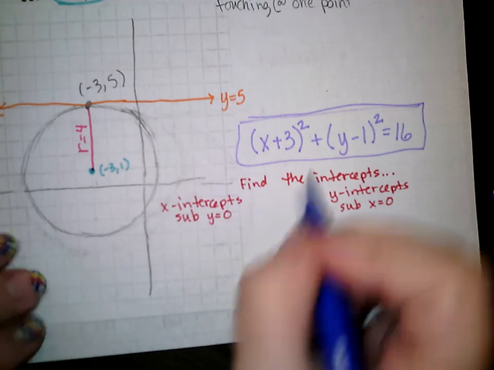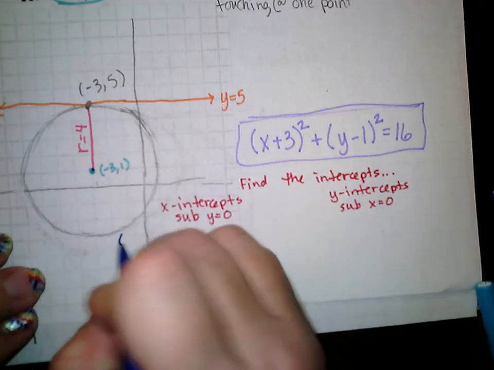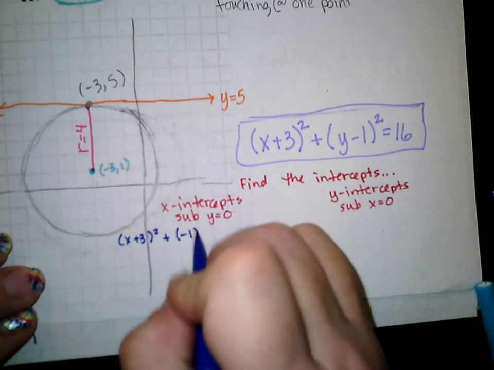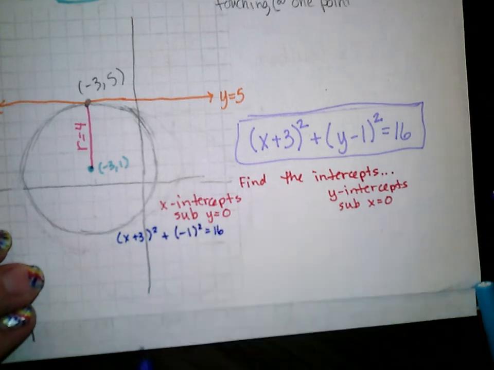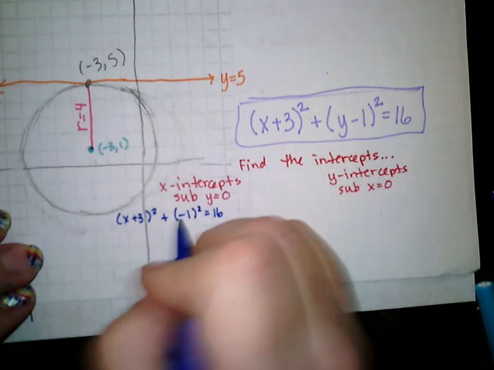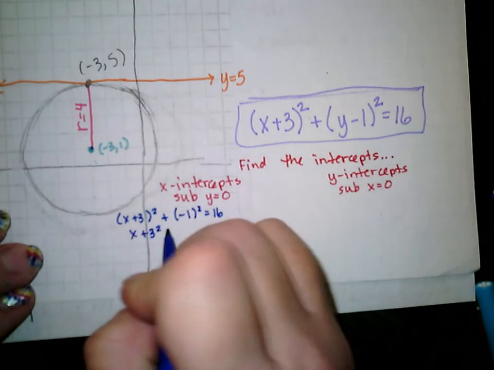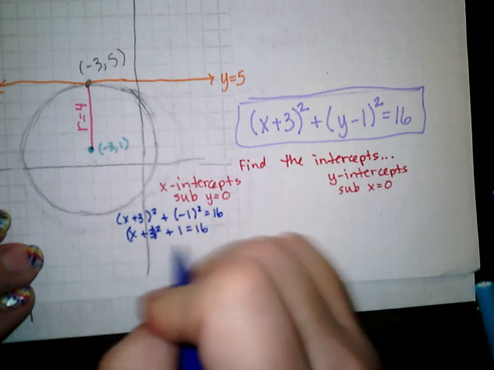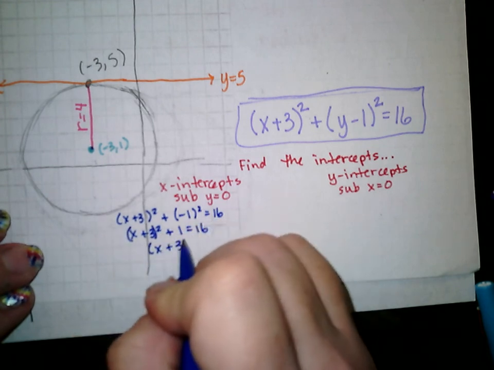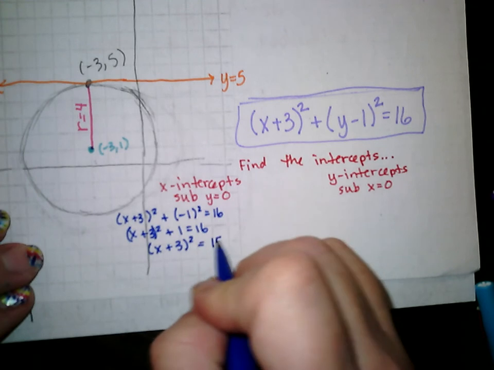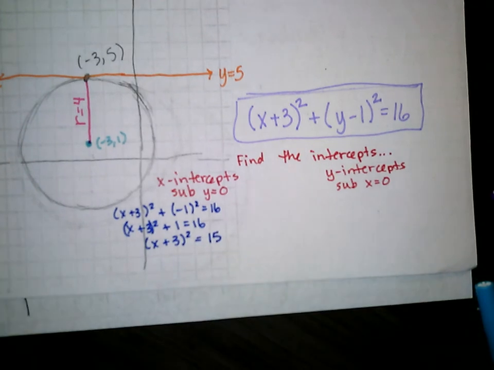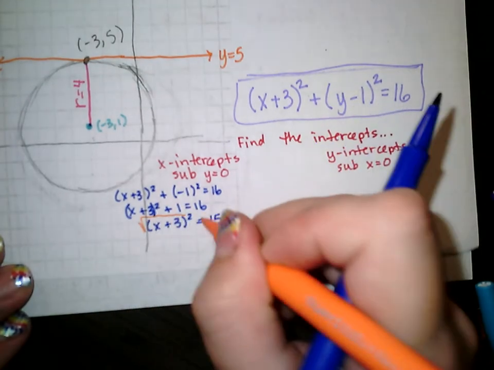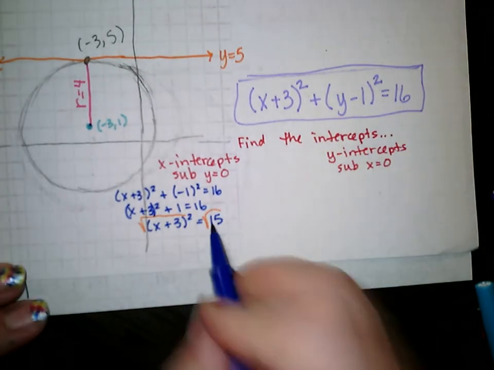So if I sub in 0 for y, I'll have x plus 3 squared plus negative 1 squared equals 16. So then that'll give me x plus 3 squared plus 1 equals 16. Whoops, I need my parentheses. Subtract 1 over. So x plus 3 squared equals 15. Now we're at the square root method. So we're going to take the square root of both sides, and remember to put plus and minus on the 15.